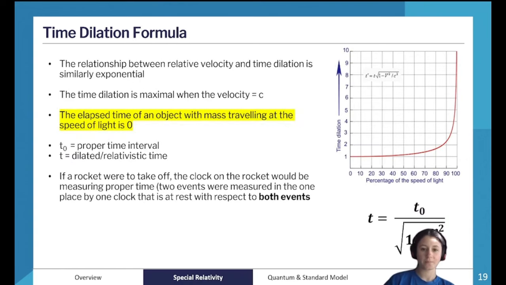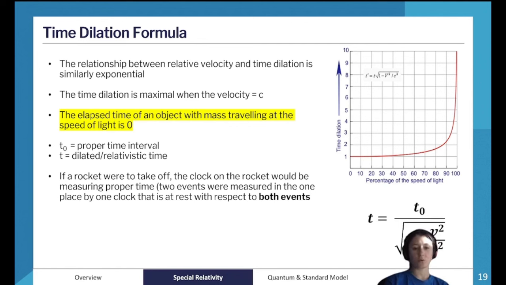So let's get into the formula that you need to know. T equals T naught over root 1 minus V squared over C squared. T naught is the proper time and T is the relativistic time.